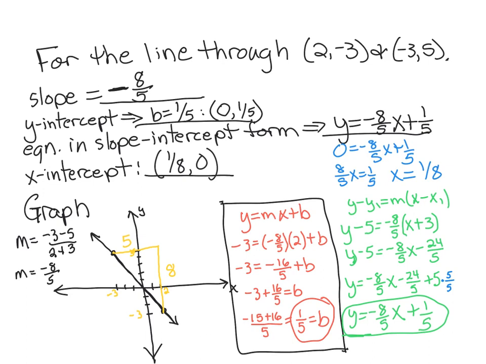Now, the y-intercept was at 1/5, a little bit above, and the x-intercept is at 1/8, and I'm going to go for it. I think I did a pretty decent job there. You're never going to be perfect, so you got to do the math.